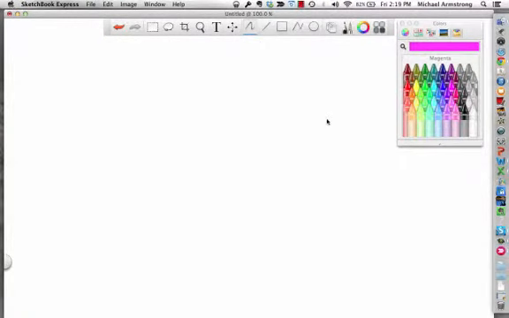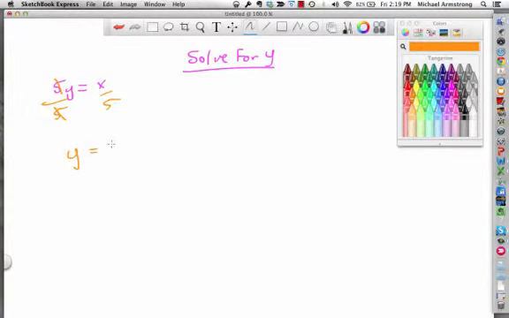They want you to tell whether it shows direct variation, inverse variation, or neither. And they give you 5y equals x, and then you are supposed to solve for y. So you want to get y by itself. All you do to get that to happen is divide both sides by 5. 5 over 5 is 1, so that just leaves y equals x over 5.